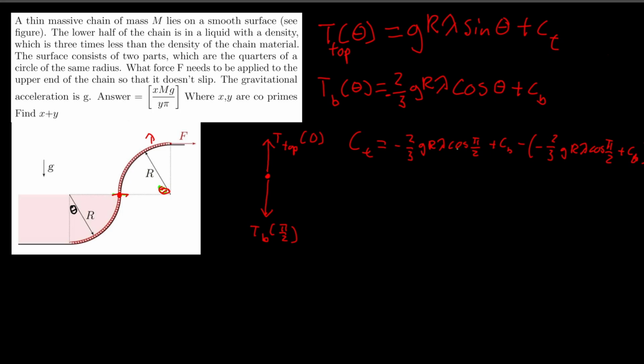And hopefully you can see that this part will be equal to 0, and these parts will cancel out, which means C of t is equal to 2/3 g R, and cosine of theta is equal to 1.